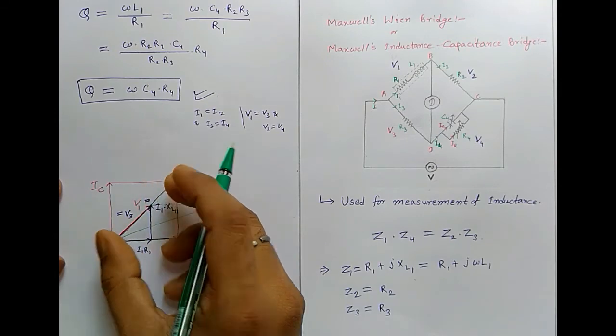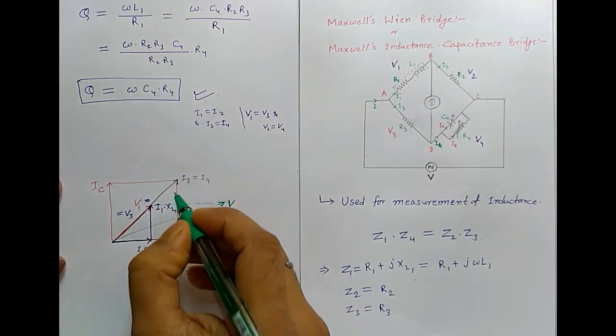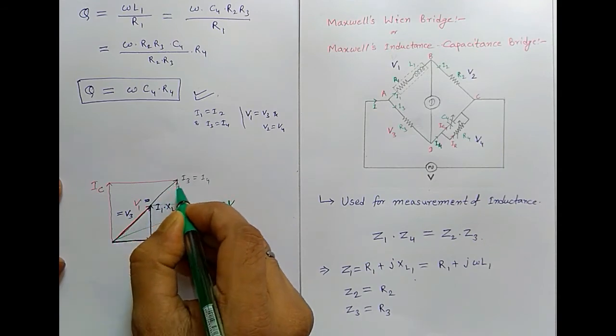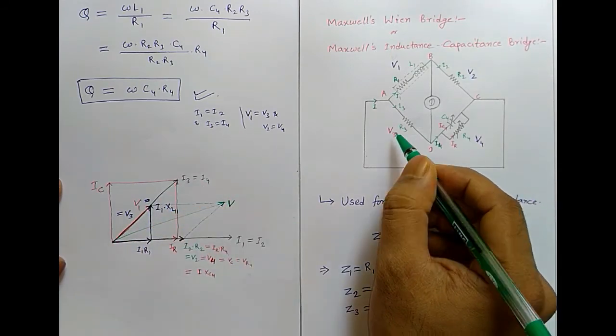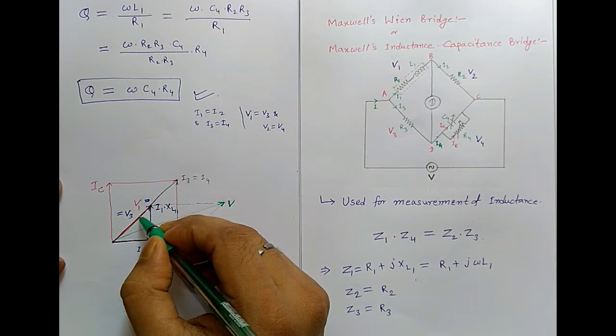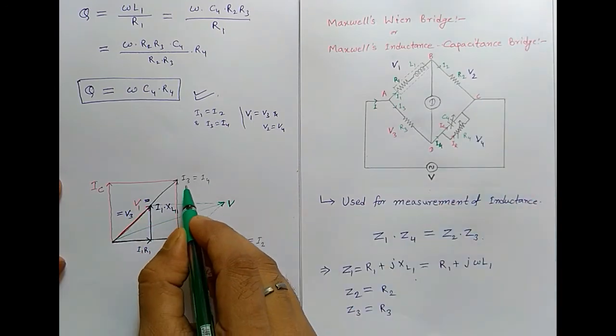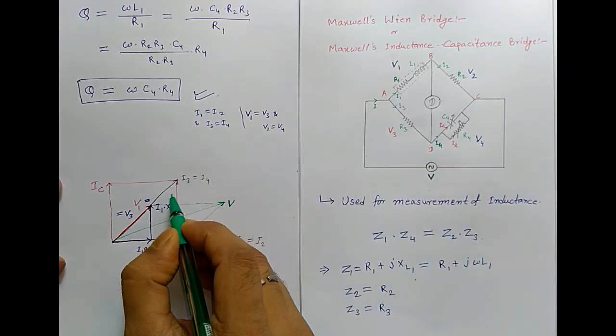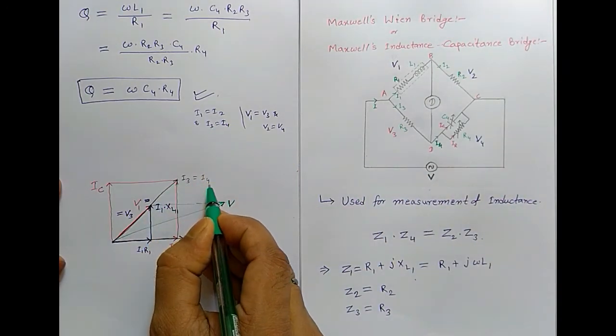Let us assume the magnitude is like this. So the direction of this current I3 will be on the same line as V1 and V3. Since I3 equals I4, this vector also indicates I4.